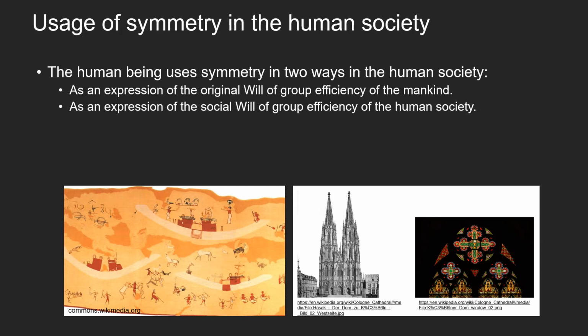It symbolized a strong social will. One could see this kind of usage of symmetries in religion-related or group or national music, decoration, and buildings. On the right drawing, you see the Cologne Cathedral and a decoration on one of its windows.